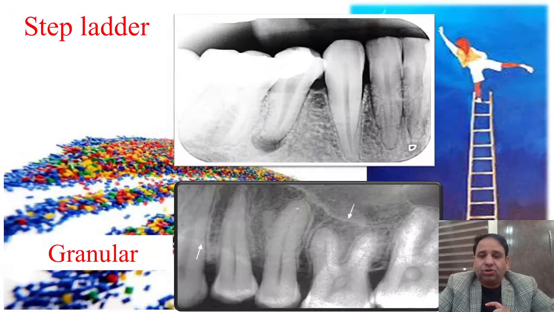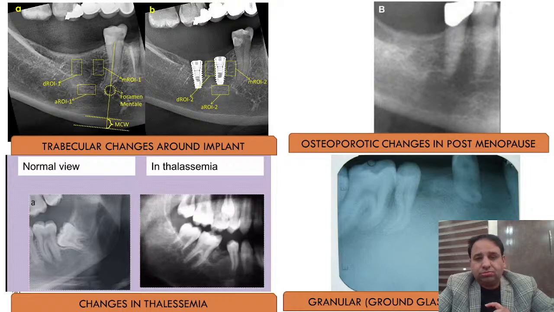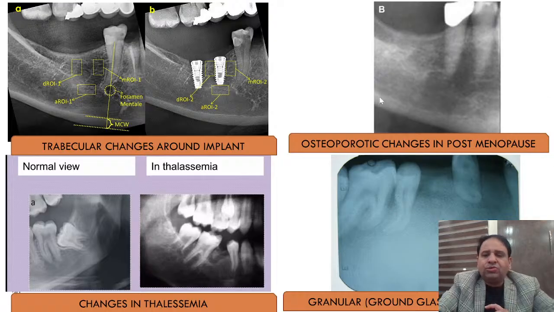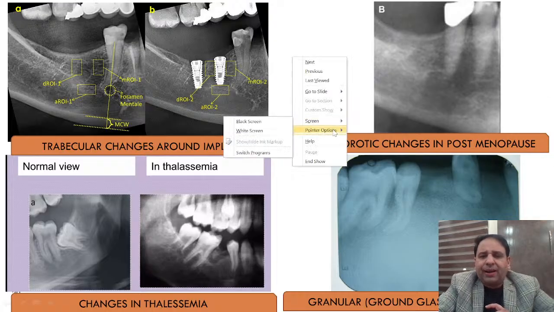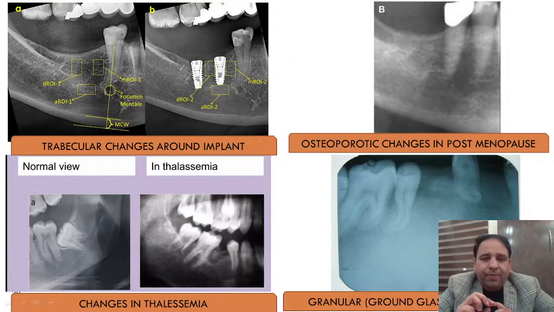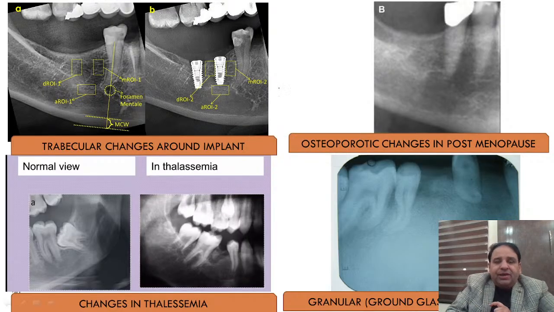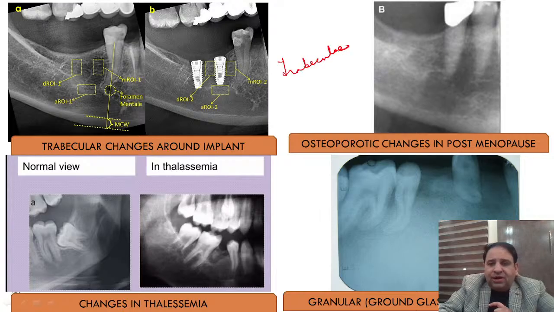I'll just switch on the slides and show you the slide. Now students, just check out the trabecular patterns. If you see here, now on this slide I am talking about the trabecular pattern.